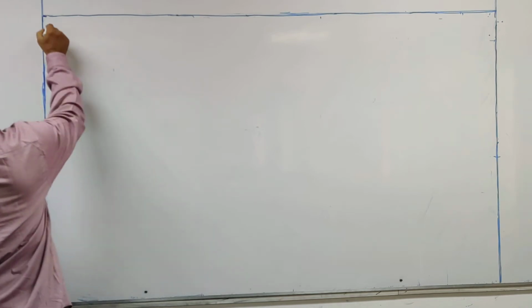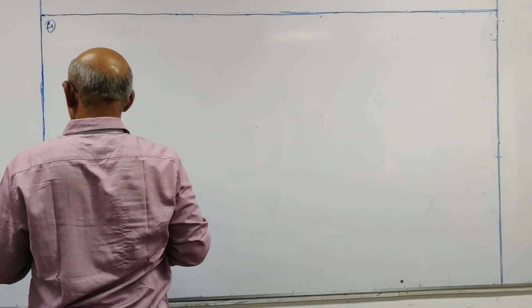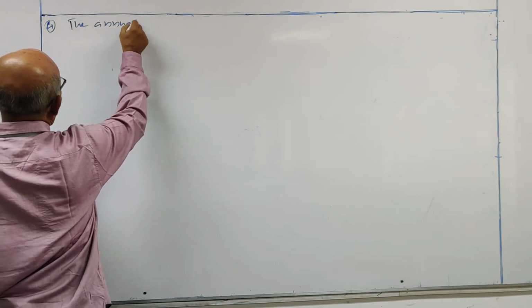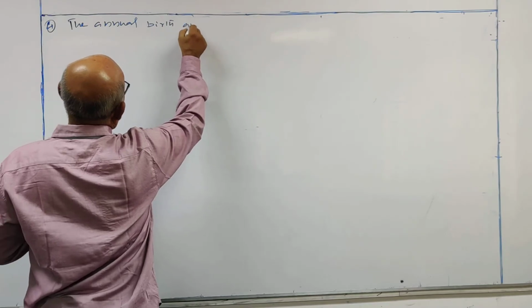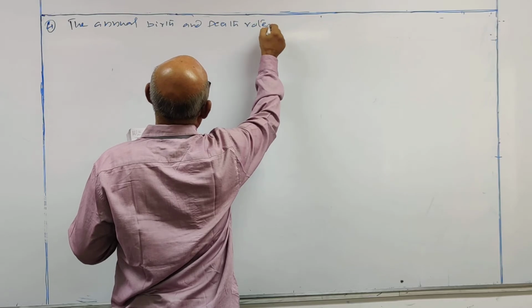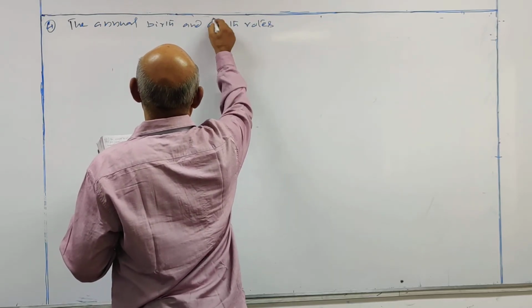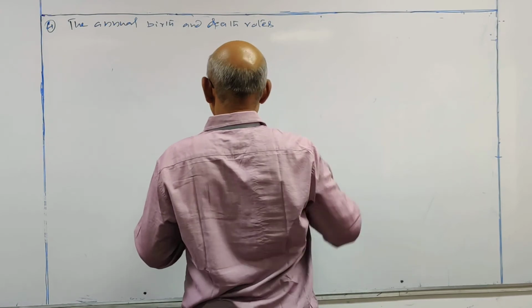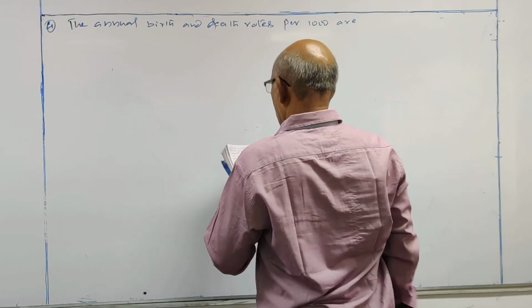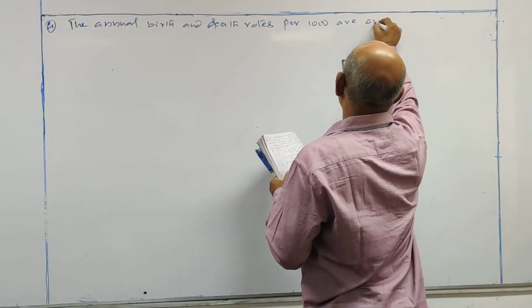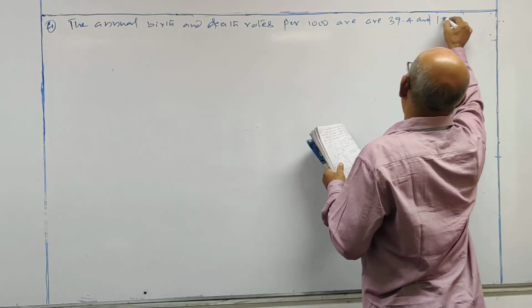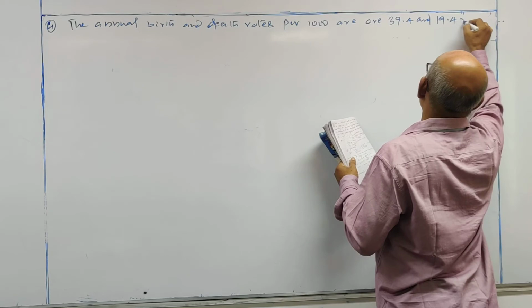Next, look at question number 4. The annual birth and death rates per 1000 are 39.4 and 19.4 respectively.